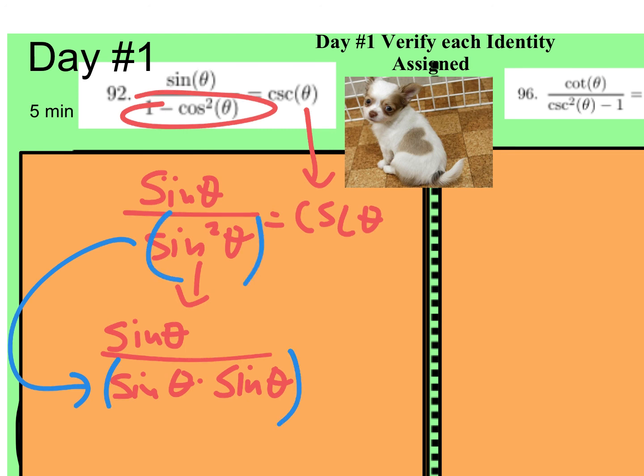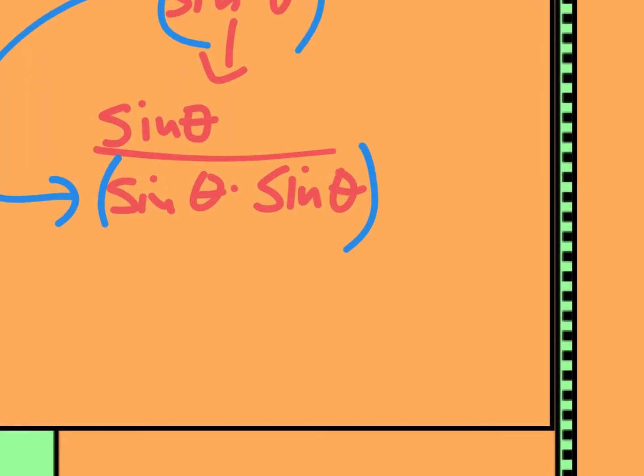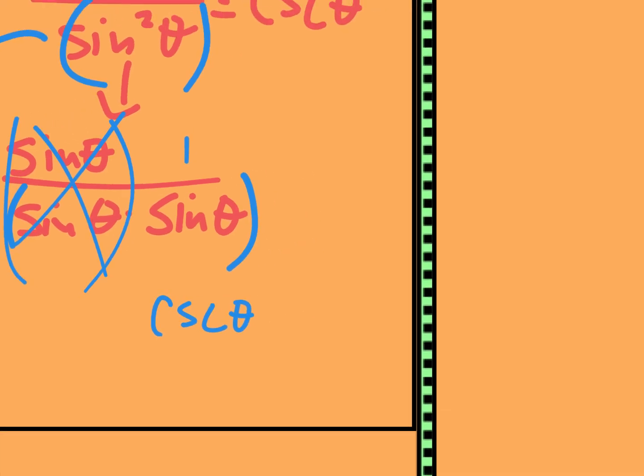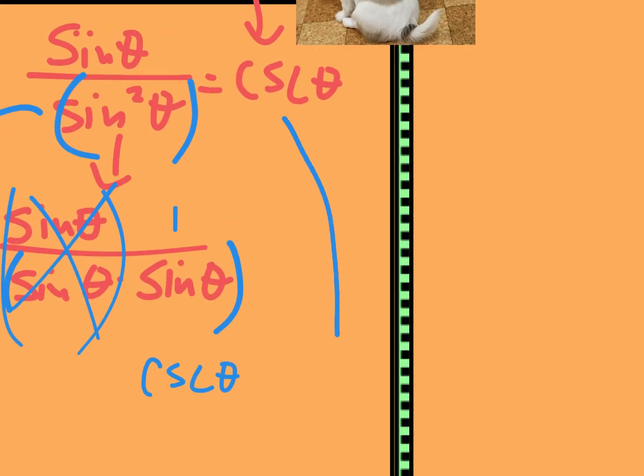So why did I do that? Because then you can cancel the sine theta over sine theta. What do those turn into? 1. Can I just leave nothing on top? No, you have to put a 1. And then what's 1 over sine? Cosecant.